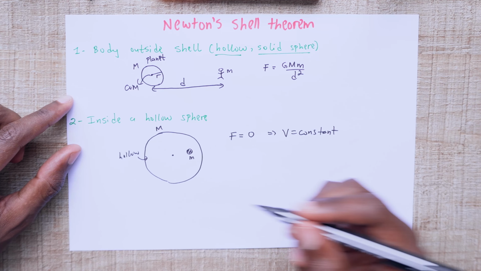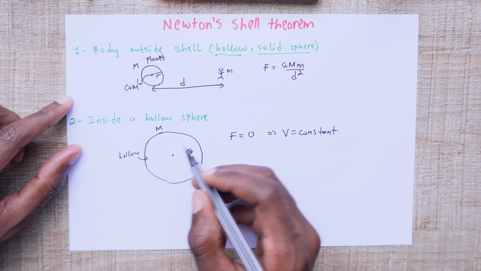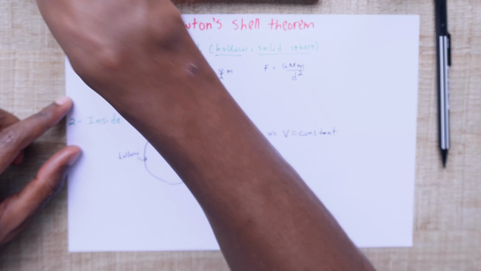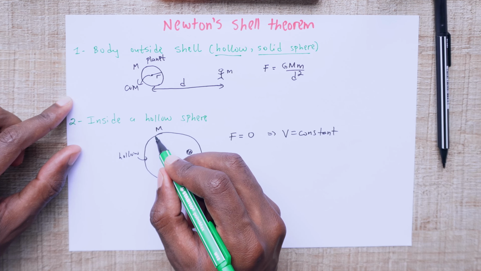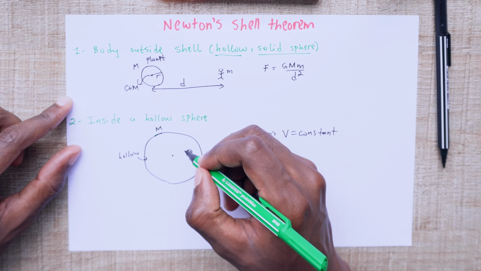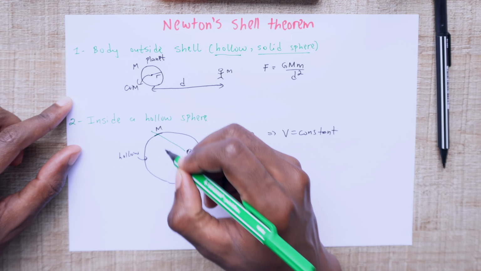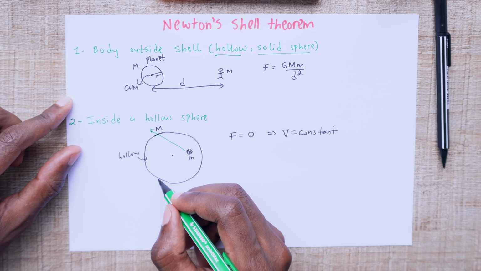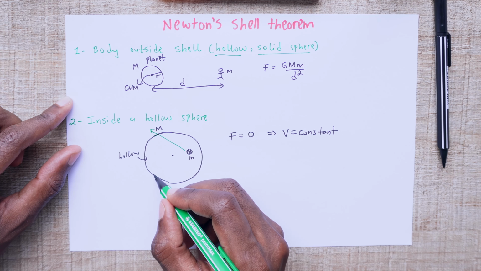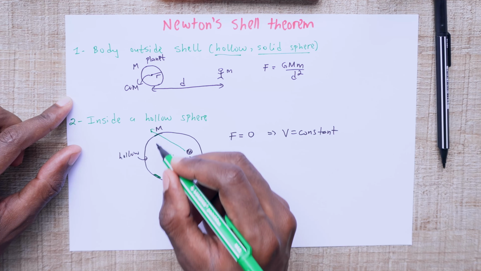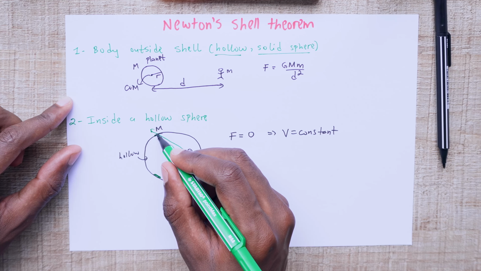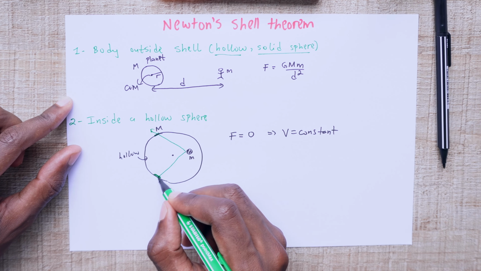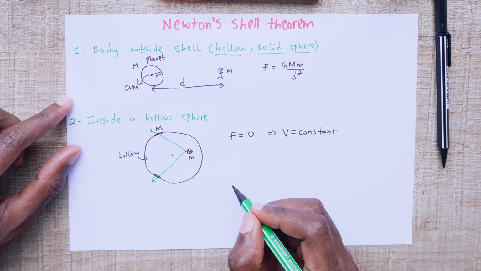Another way to picture this is to imagine that each portion of this shell, let's say you have a portion here, is going to exert a gravitational force of attraction on this mass. But since the sphere is symmetrical, you can imagine another portion that's symmetric to this one down here, and it's also going to exert the same force.